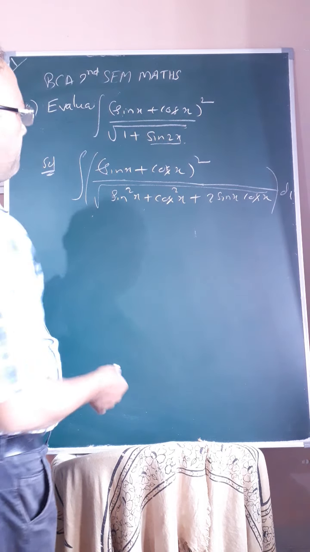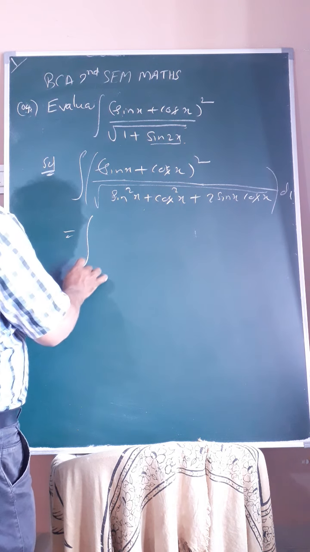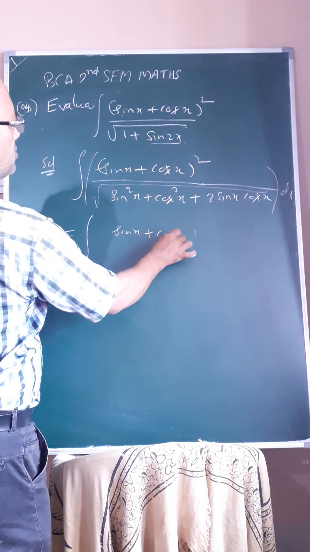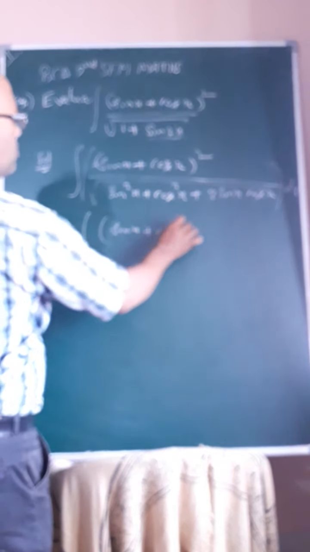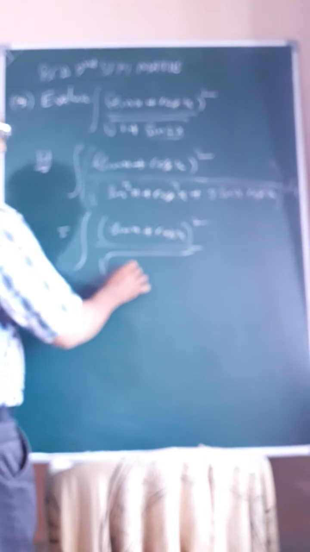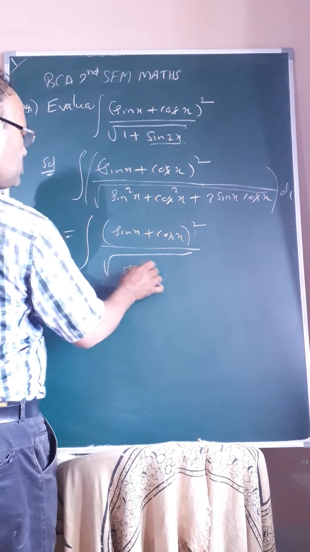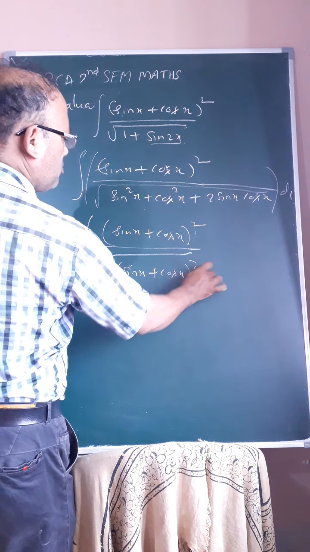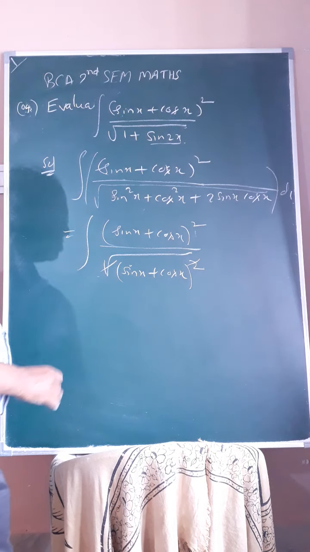Now it is in the form of a plus b whole square. So sin x plus cos x whole square divided by square root of sin x plus cos x whole square. The square and the square root cancel.